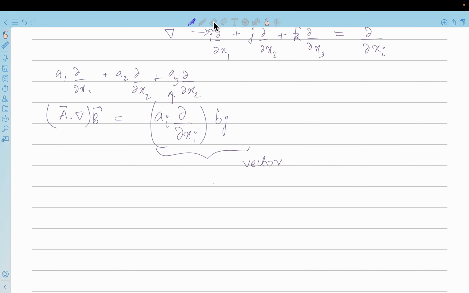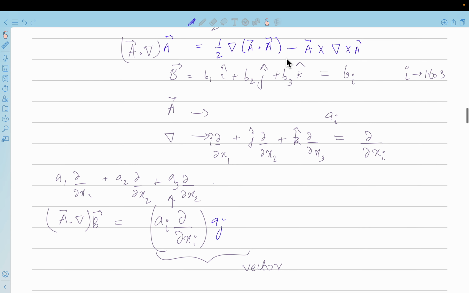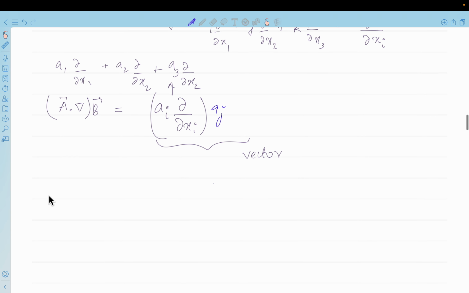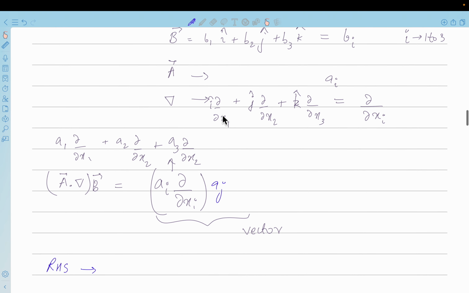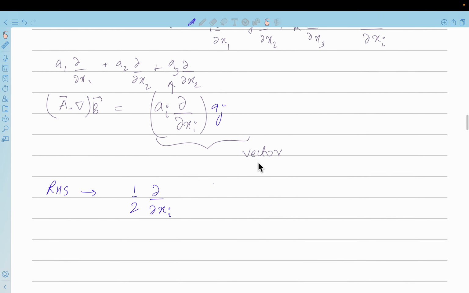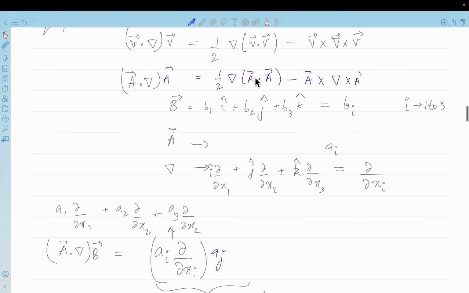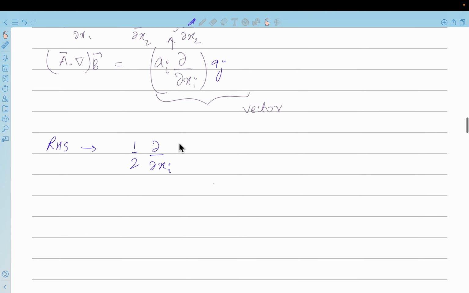So this is the identity. Instead of B, what we have now is AJ over here. And on the right hand side, you can verify whether this is true or not. So let's start with the RHS and write it in the Einstein notation. This is half dou by dou xi acting on A dot A. A dot A is a dot product, so I can write this as AJ, AJ.